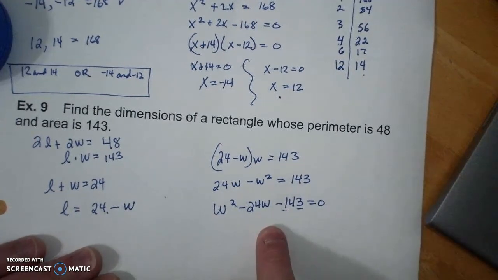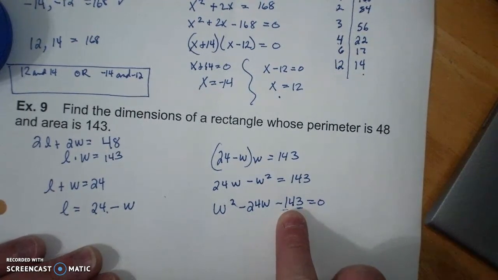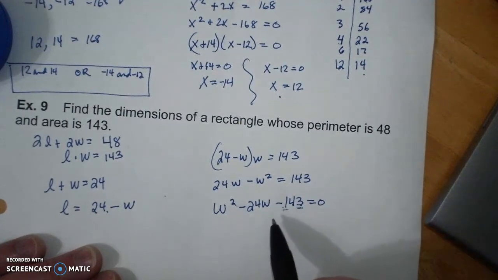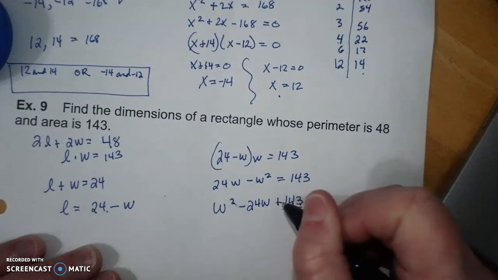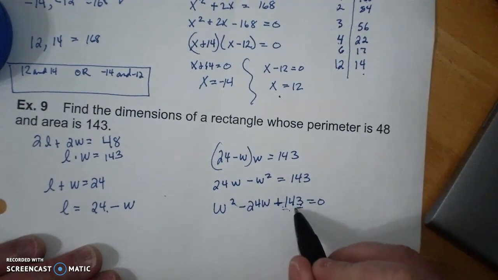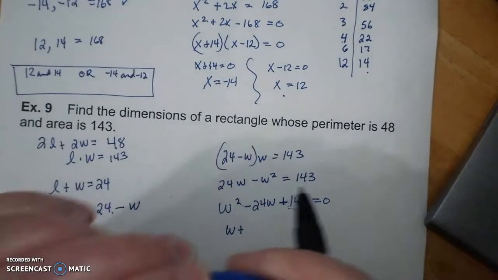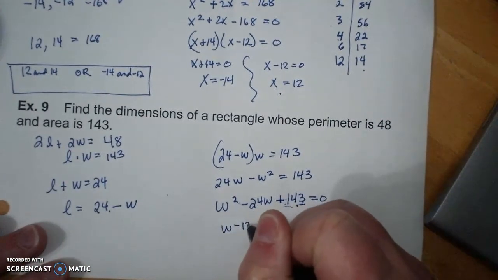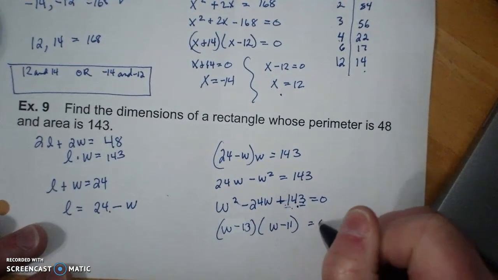So I'm going to check 11 times 13. Oh, that should be a plus, because we brought it here. So 11 and 13 are the factors, which means it's W plus, oops, nope, they're minuses. Signs are the same, but they're negative. So W minus 13, W minus 11 equals 0.